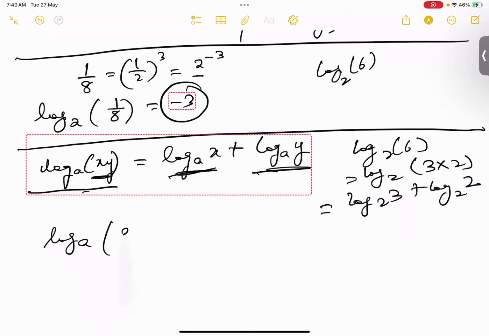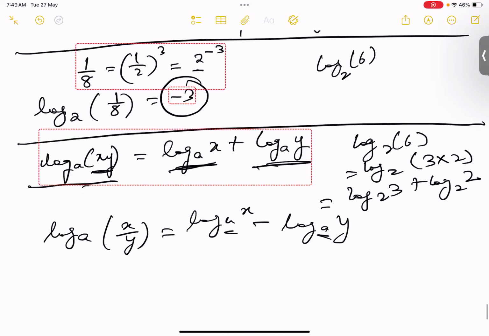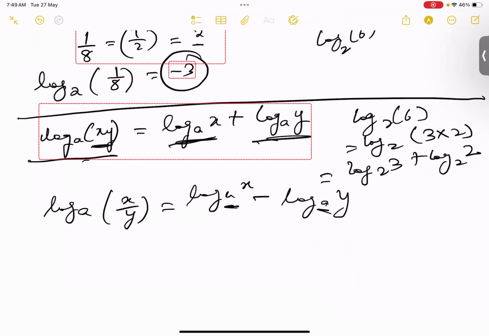Similarly, it is even applicable to division: log base a of x by y is equal to log base a of x minus log base a of y. You have to remember that here the base has to be the same. If the bases are not the same, then we can't use this formula.